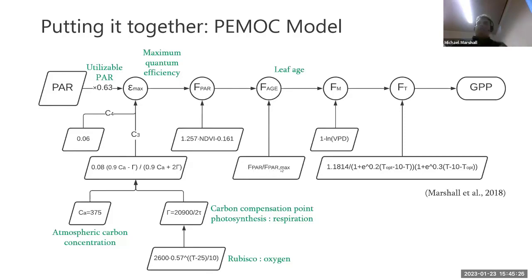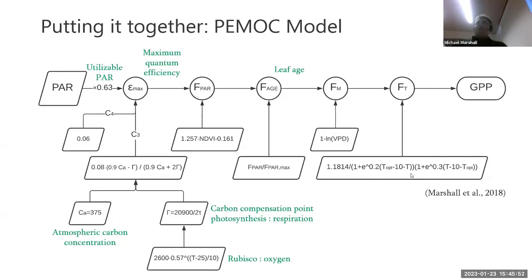That produces the chart that I showed you on the leaf age page, where leaf age is a function of fPAR divided by fPAR max, which occurs around maximum photosynthesis. So this starts affecting the relationship between NDVI and GPP later in the growing season. And then you have the moisture constraint, which in this case is based on vapor pressure deficit.